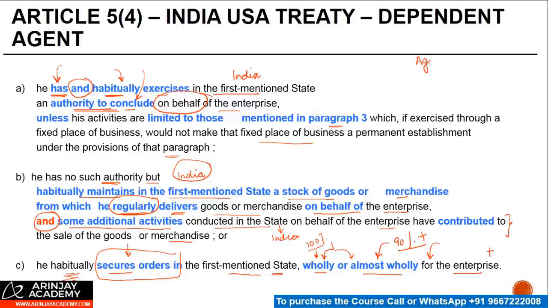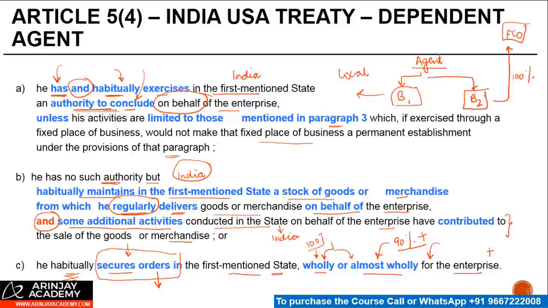Suppose there's an agent, okay? He does two businesses, B1 and B2. B2 he is doing on behalf of the foreign company, and he's 100% dependent on B2 for this. B1 he does for a lot of local customers and maybe some foreign companies as well. When you talk about securing orders, this has to be seen vis-a-vis the activity of the agent which is being carried out for the non-resident.